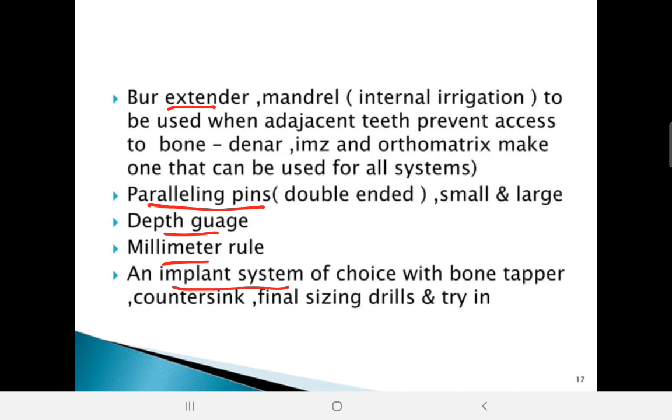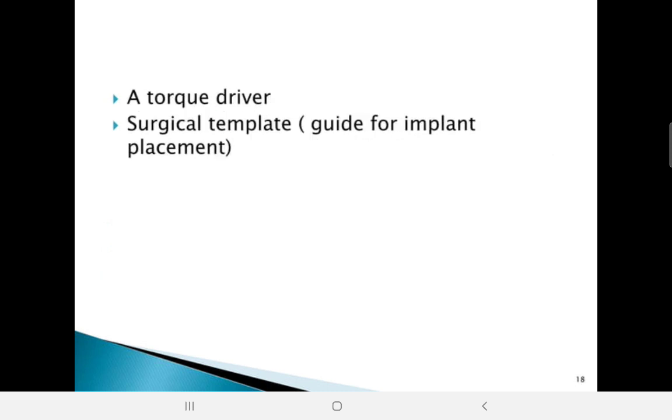Within the implant system we will get countersink, final sizing drills and trephine. Next is a torque driver which is provided within the implant system, and a surgical template which is a guide for implant placement in case you are placing multiple implants.